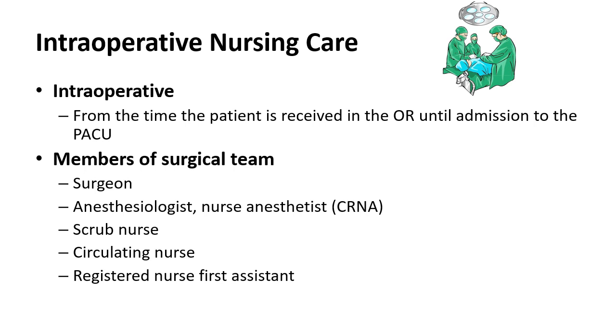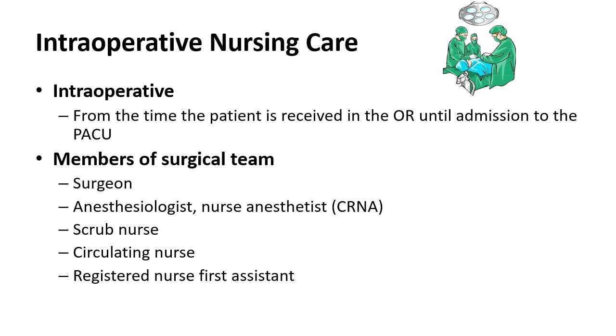Typically, they are not actually a registered nurse. Sometimes though they are a registered nurse or an LPN that has had a different level of training to become a scrub nurse, but typically they have been trained differently, so they are a scrub tech or scrub nurse with a different level of training. And then you have a circulating nurse.